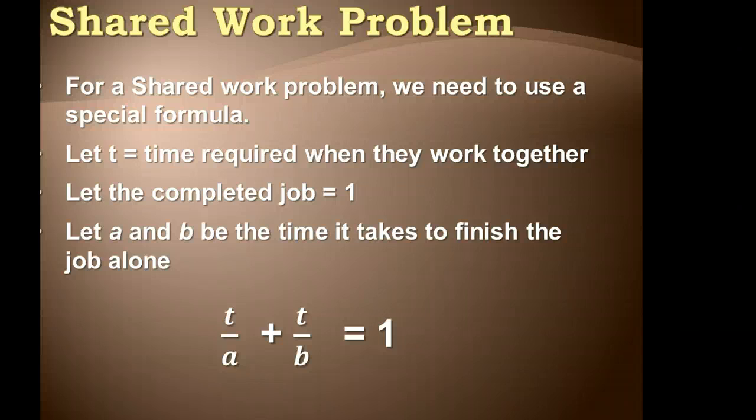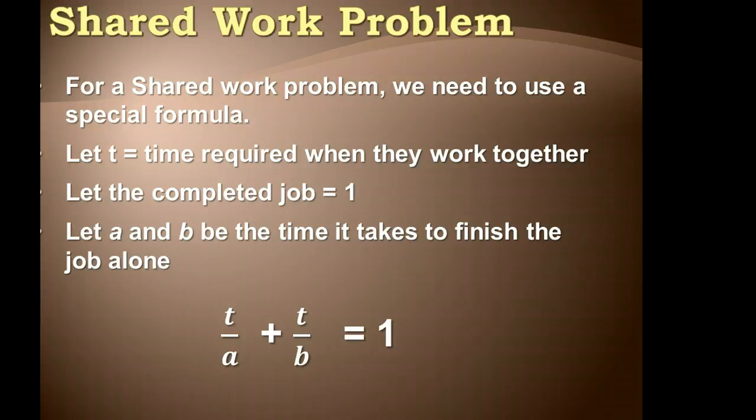Basically, the T stands for the time it takes to complete one whole job. And the 1 you could think of as just one completed job. Then A and B are the time it takes to finish the particular job alone for each individual.